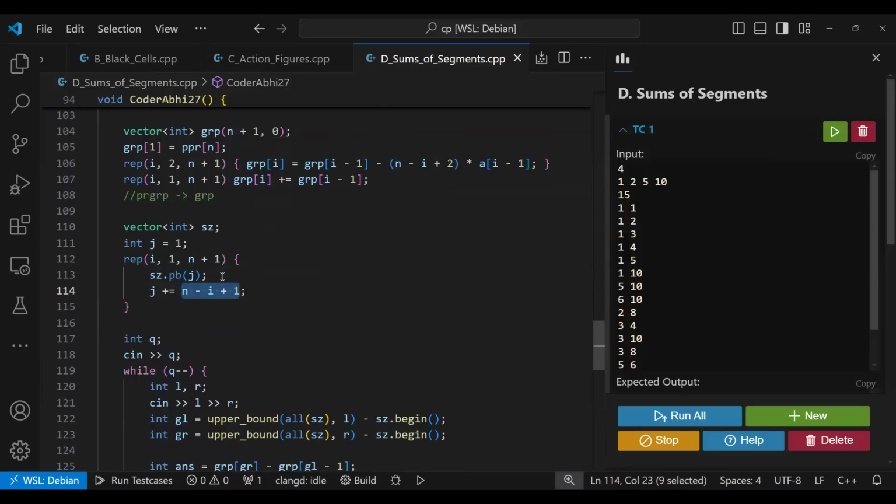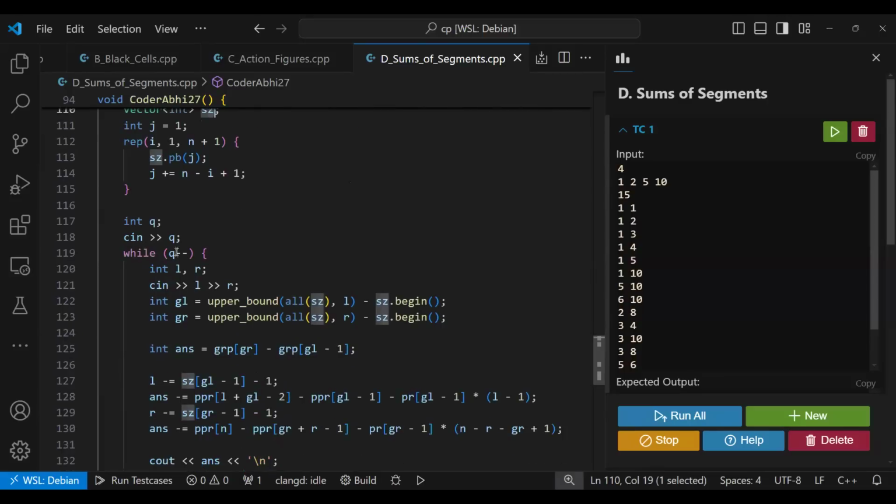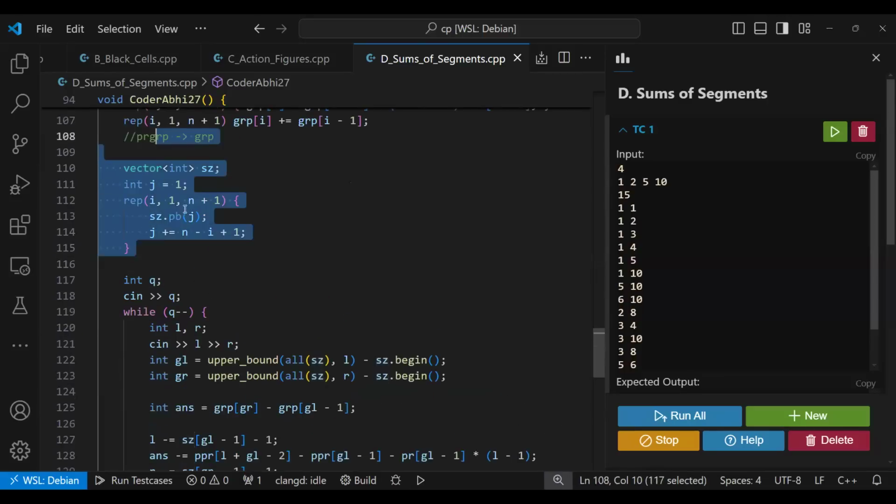After the first group, when i is 1, n minus 1 plus 1 is n, so we would add n. So the next group would be 1 plus n. After that, I would add n minus 1. The next group would be 1 plus n minus 1, which is 2n. Likewise, this would be added to my size vector. The initial index of every group is what my size vector is storing. All these pre-computations are done.